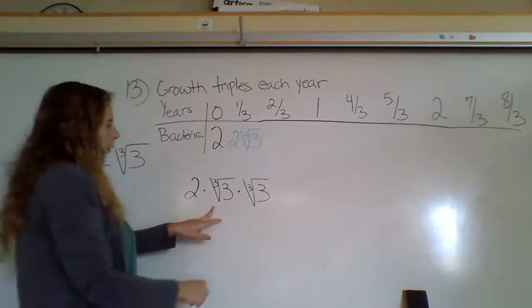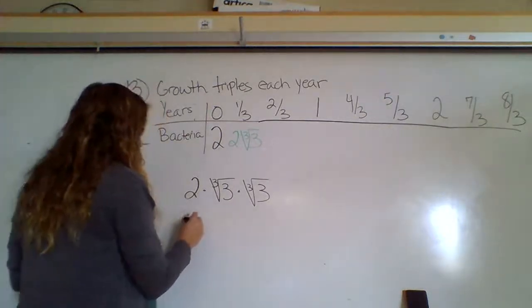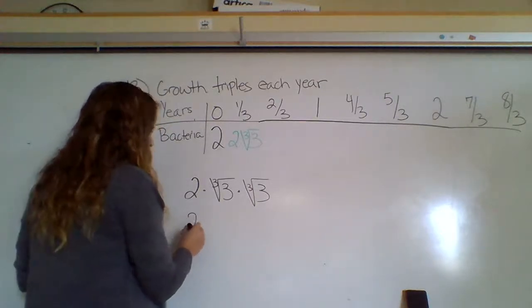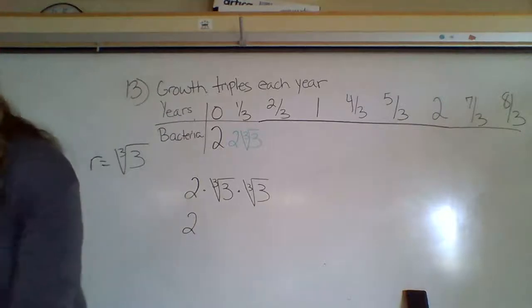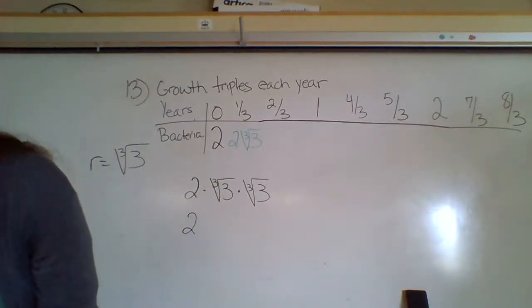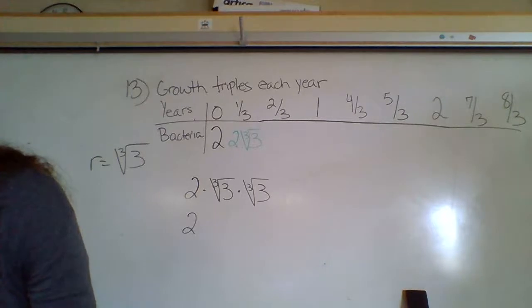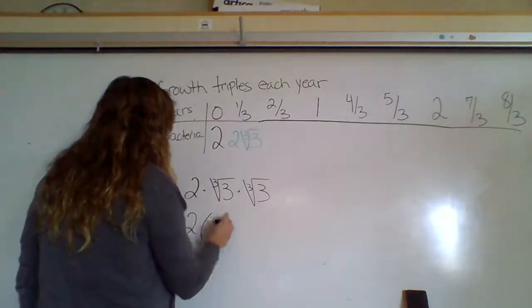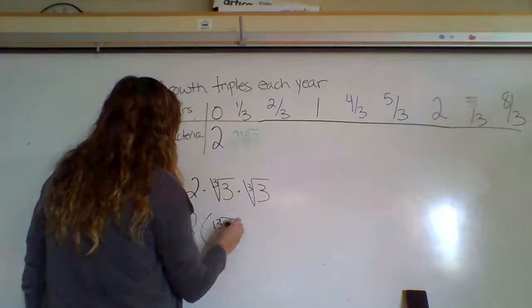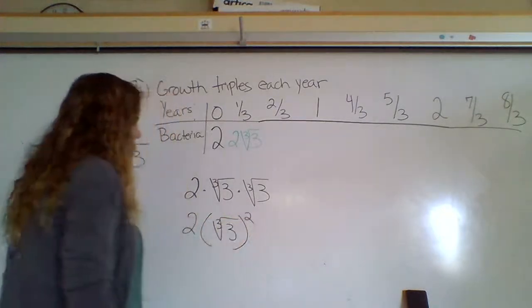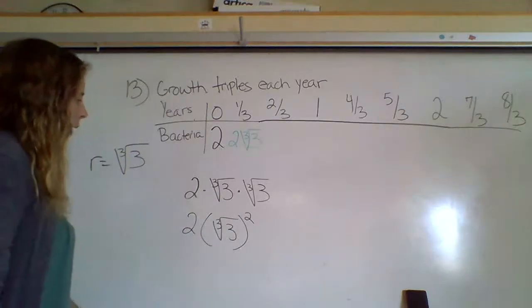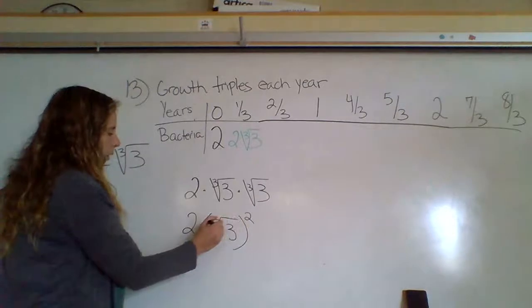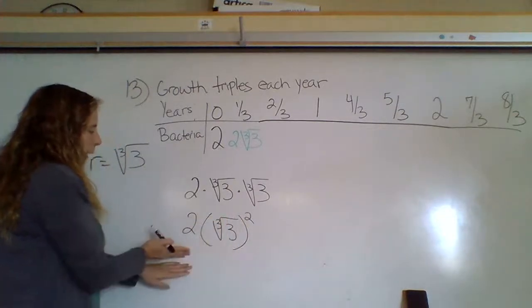The cubed root of 3 times the cubed root of 3 is just... let me see how they write it in your book. Okay, they do just leave it like that. It's 2 cubed root of 3 squared. These are different numbers, so they don't cancel out. So you just have to leave your answer like this.